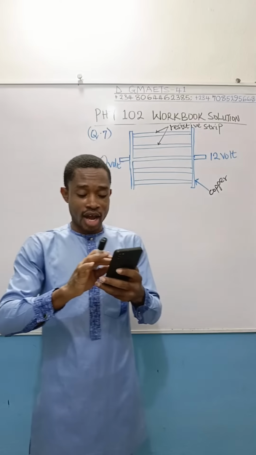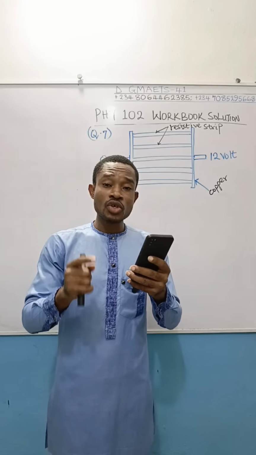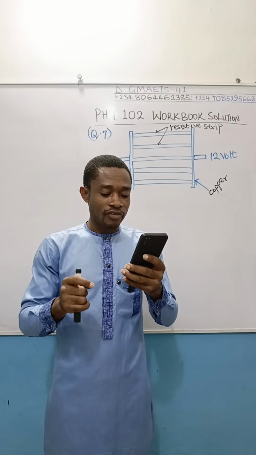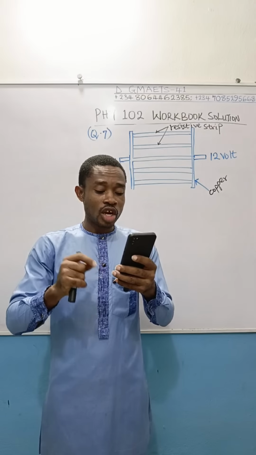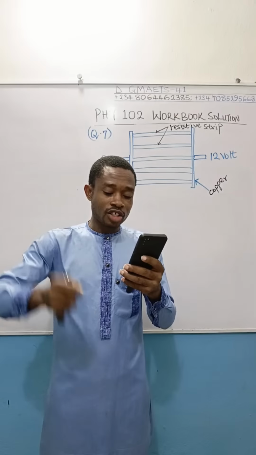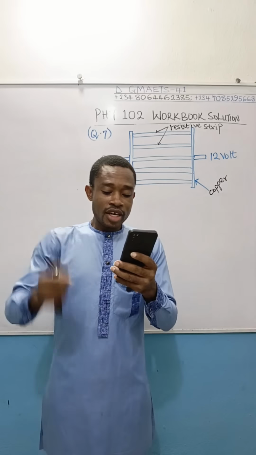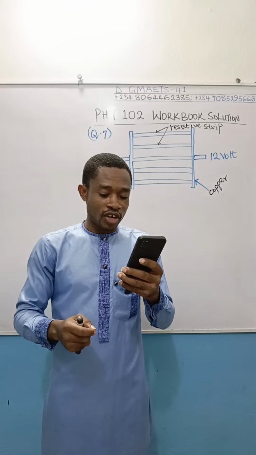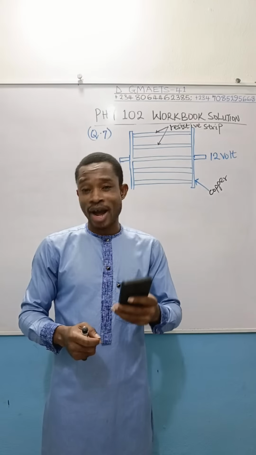Are you following right? I'll read the question again, but this time I'll be fast. A heating unit as used on the rear window of a car consists of 5 strips of resistive material joined at either end by strips of copper of negligible resistance, shown in the diagram below. Heat is generated at a rate of 45 watts when the unit is connected to a 12-volt car battery.